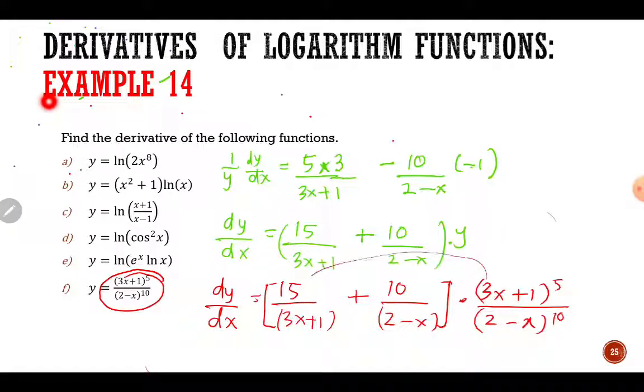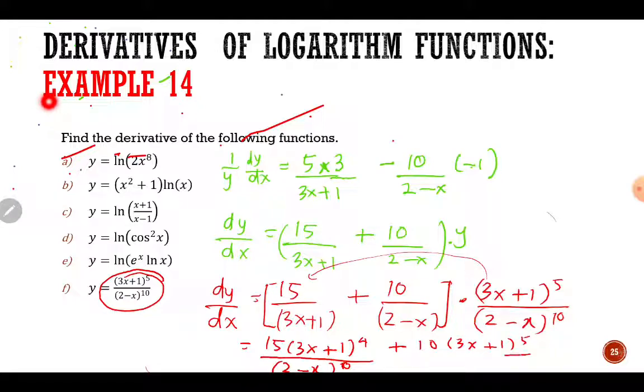Maknanya kita darabkan masuk kat sini. Ni kita akan dapat 15 3x plus 1 power of apa? Ni kuasa ni 3x plus 1 ada kat bawah 1, 5 kat atas, jadi bawah ni jadi kuasa 4 over 2 tolak x kuasa 10, tambah dengan 10 3x tambah 1 kuasa 5 bahagi dengan 2 tolak x kuasa 10.